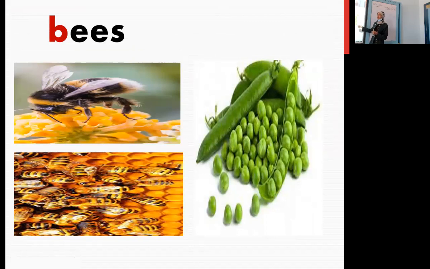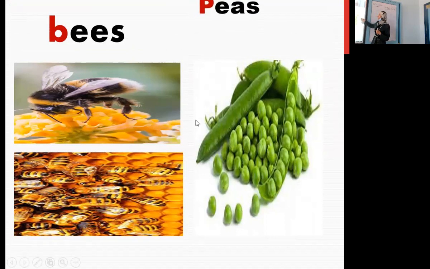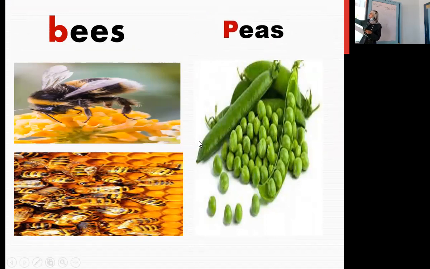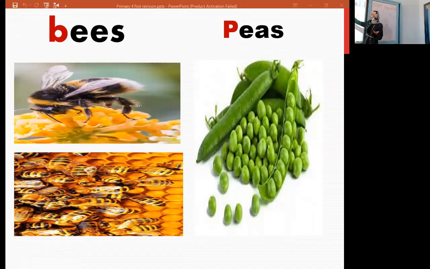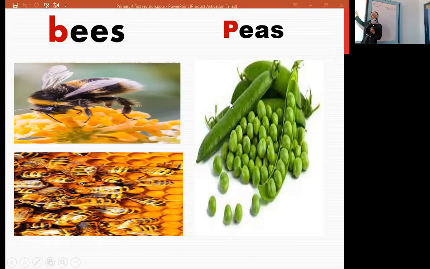So this is peas. So notice the difference between these two letters. Ba, we say without anything, ba and pa. So this is bees and this is peas. Okay.